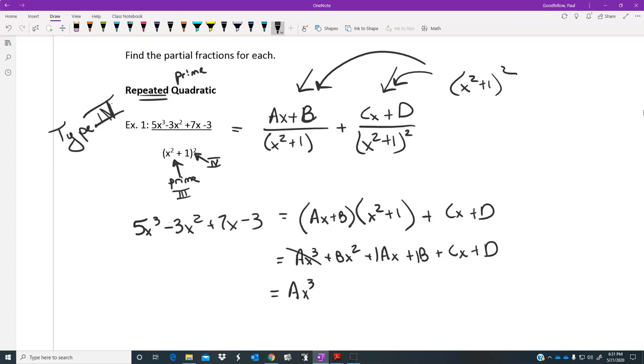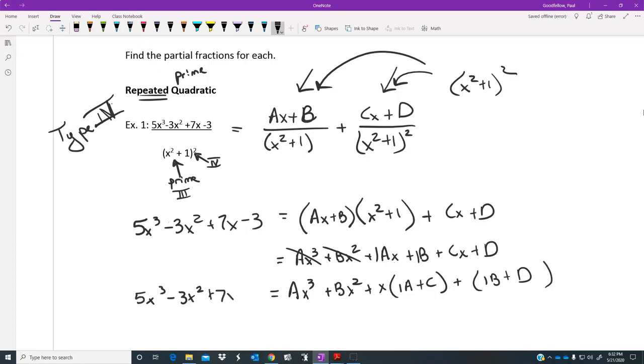Sometimes I cross these out as I find them. Plus bx squared. There's only one of those kind. The x's would be associated with a 1a plus c. And then the constants would be associated with 1b plus d. And all of those things are equivalent to everything that's on the other side from the left.